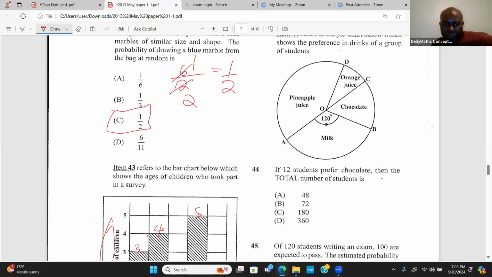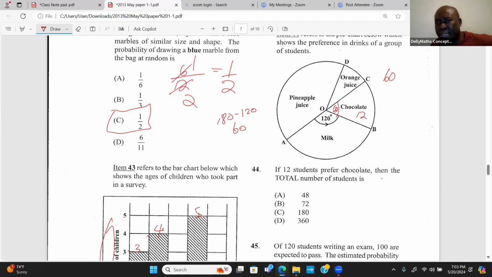So it says if 12 students prefer chocolate, then the total number of students is what? So chocolate is over here. Now, observing this is a straight line here. You already know a straight angle is 180. That means if I take that 120 from it, I'll get 60. That means this is 60 here.